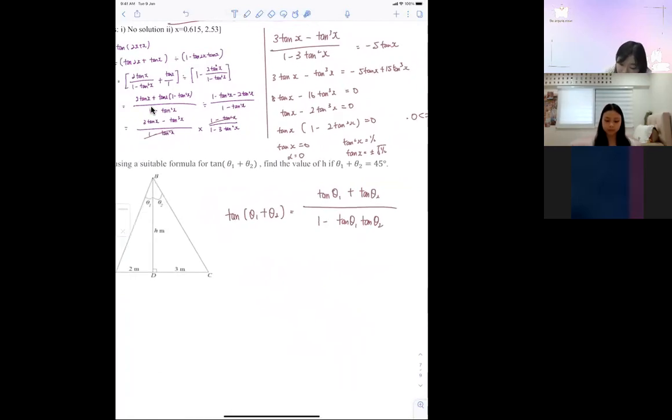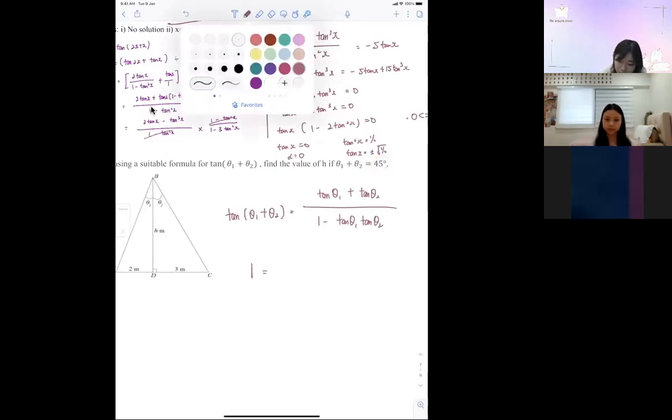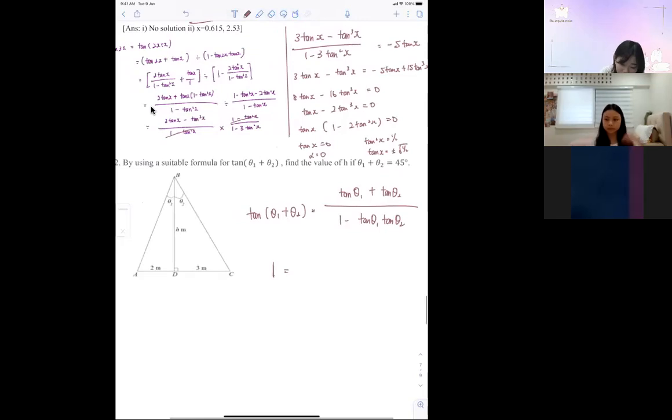Since theta 1 plus theta 2 is 45, this side will be tangent 45, and tangent 45 is 1. Now, this is a right angle triangle. Tangent is opposite over adjacent. So tangent theta 1 is 2 over h, plus 3 over h, over 1 minus 2 over h times 3 over h. So we just have to cross multiply.